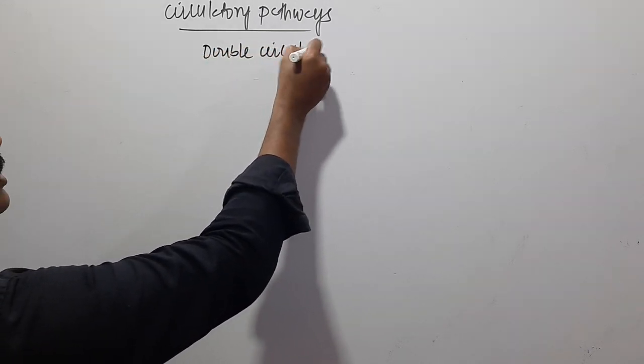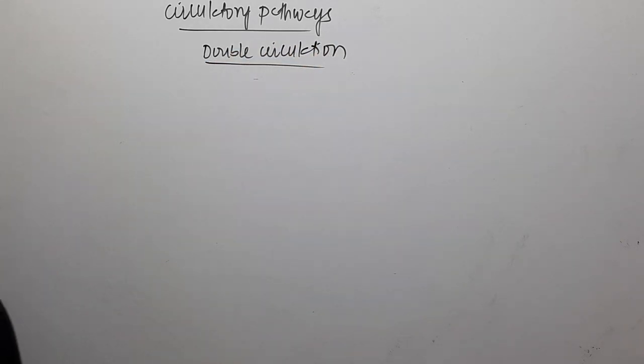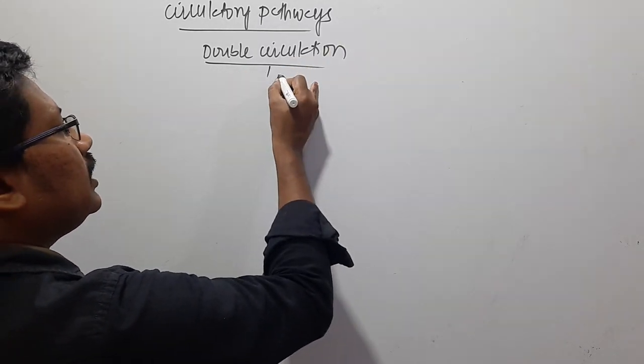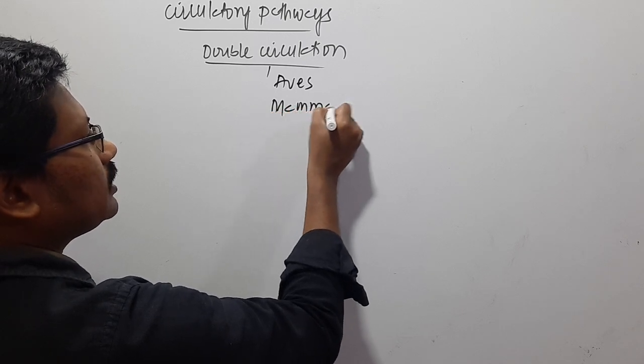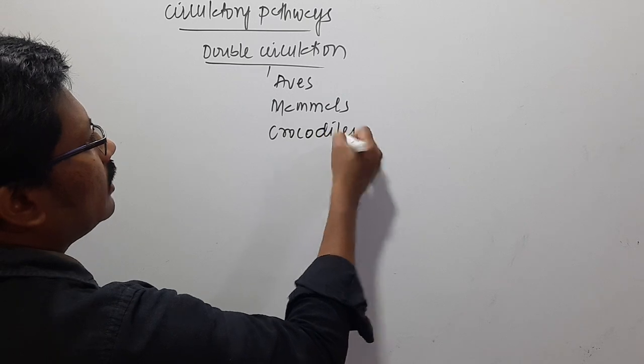The next one, double circulation. Now in case of double circulation, the auricles and ventricles are completely divided, right? This we see in aves, mammals, and even crocodiles.